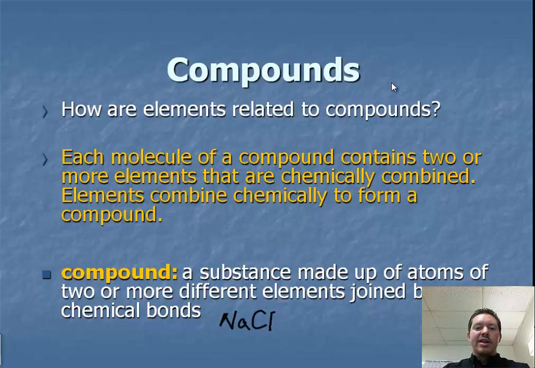And then chlorine is a yellowish gas, which is highly poisonous, highly toxic. So when we chemically combine those two, you can see that the properties are significantly different. It's safe to consume in moderate quantities, and we use it to flavor foods all the time.